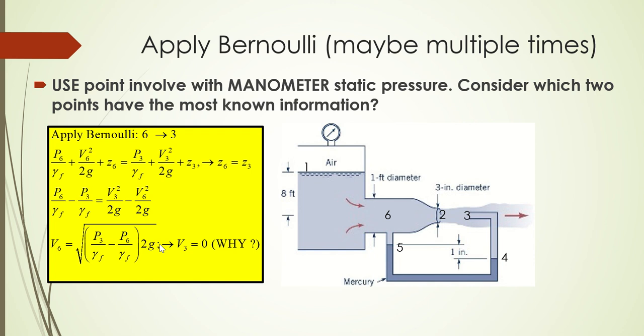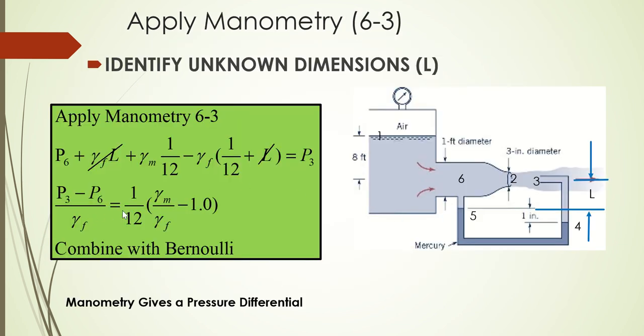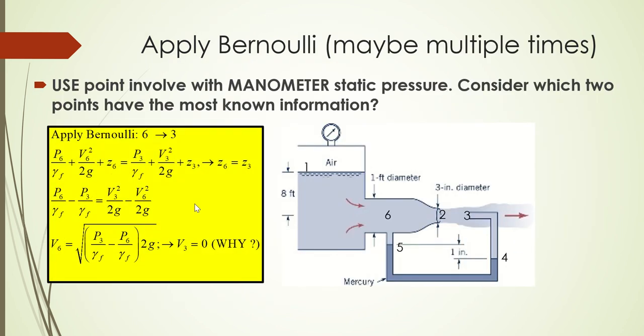So I want to apply Bernoulli between point 6 and point 2, or maybe you say, well, point 6 and point 3. Well, typically I want to use point 6 and point 3 because of course I have information about that difference. So I want to apply Bernoulli between point 6 and point 3.